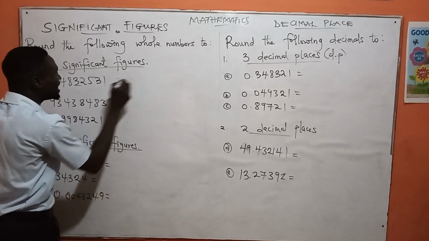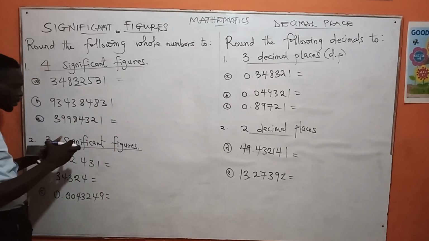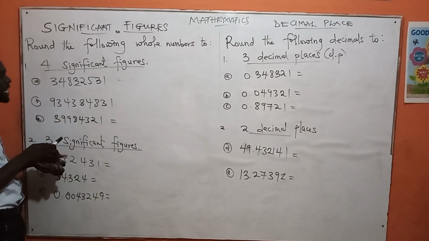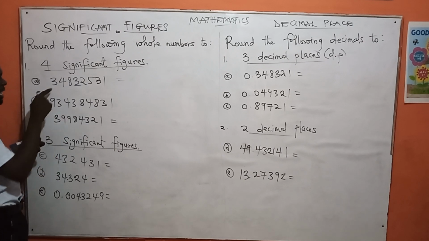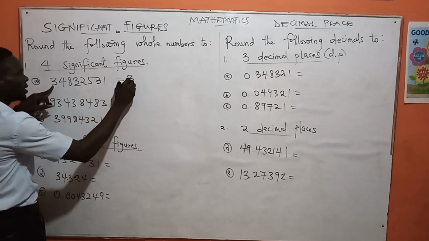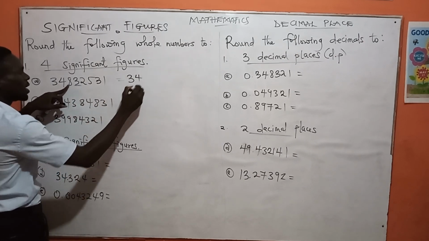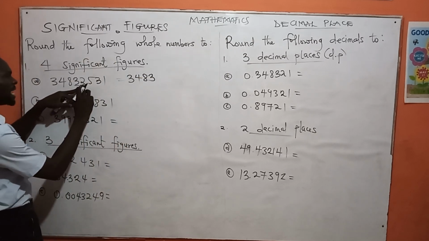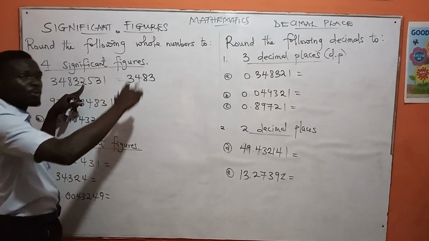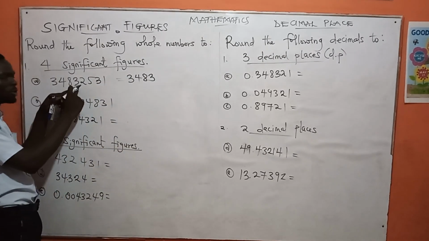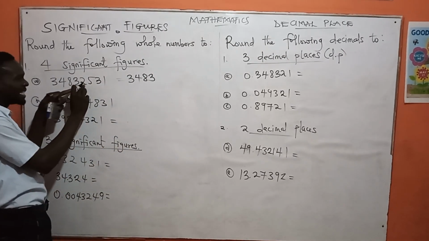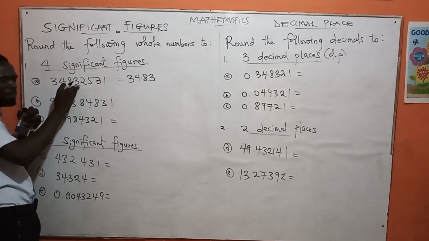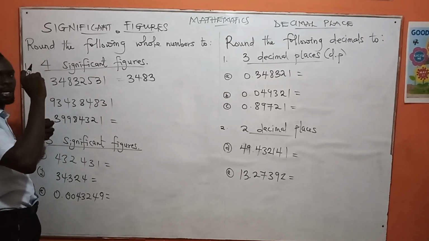So in writing the significant figure for this value, I am going to start from this, right? 3, 4, 8, and 3. Now, if the number on the immediate right was to be 5 or more, then I could have added 1 to the 3. But because it is less than 5, I'm going to maintain the identified significant figure.